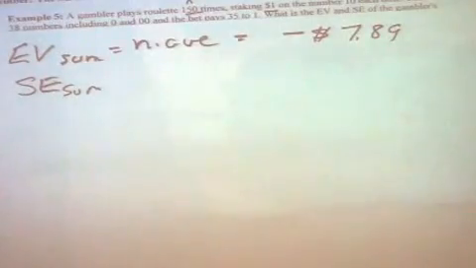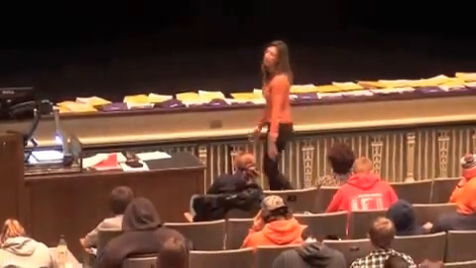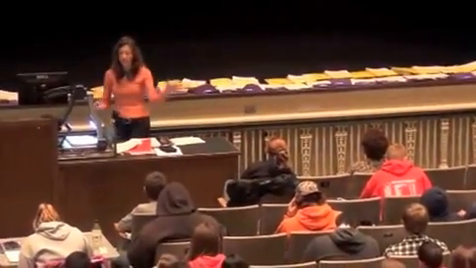Yeah, you'd expect this, but how much is it going to vary? Losing $8 might not bother me that much. But what if there's a good chance I could lose $100? Then I might not want to play it, right? So that's what the standard error tells you, how much variation there is.